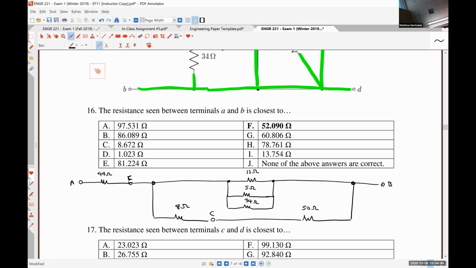So the equivalent resistance is 49 ohms in series with the parallel, with 13, 5, 34, and 58 in parallel. Everybody see that?